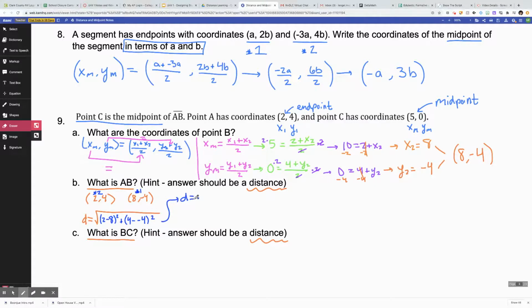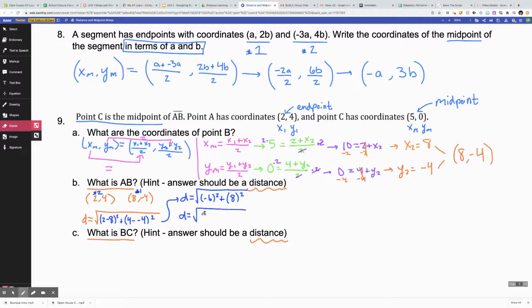So we have d equals the square root of 2 minus 8 is negative 6 squared plus 4 minus negative 4 is positive 8, right? Because I have 2 minus signs right next to each other, so those become plus signs, right? And then I need to square both of those values.